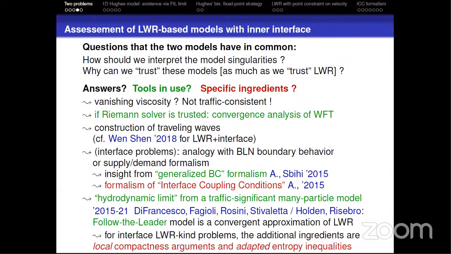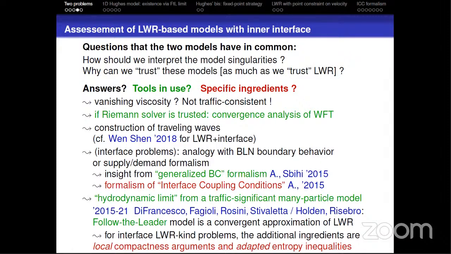So this is a little bit of a problem in the general way I'm used to dealing with discontinuous flux problems. So finally, the way we prove convergence is a little bit different, less focused on the stationary states than it is the case for the previous approximations I mentioned. And I will focus on the two following ingredients for interface LWR-kind problems. The additional ingredients are local compactness arguments.